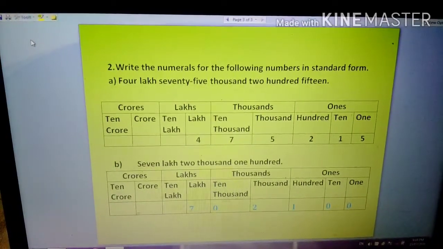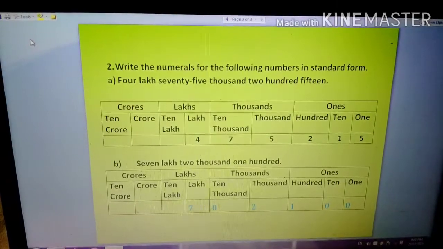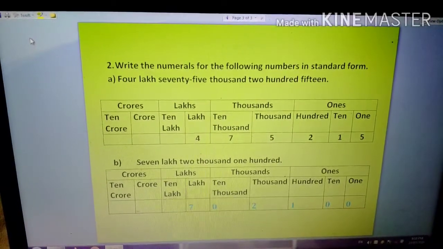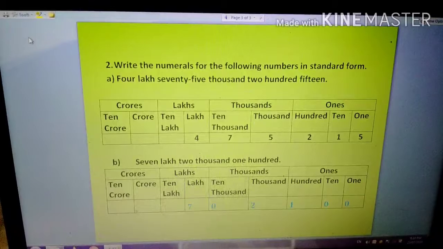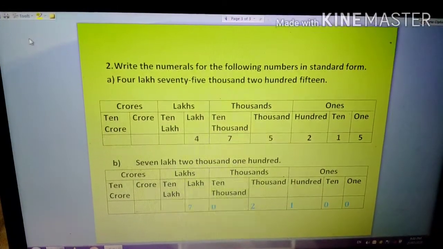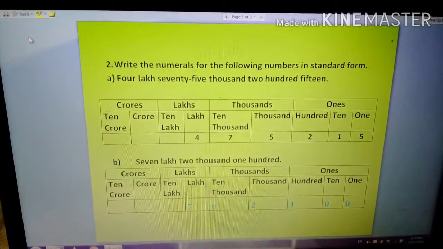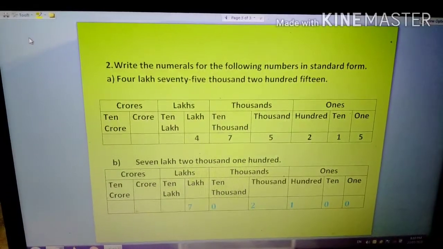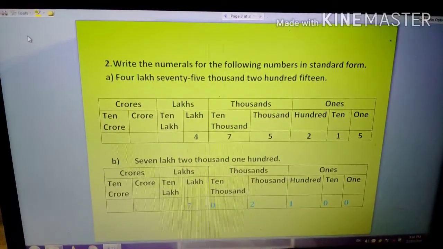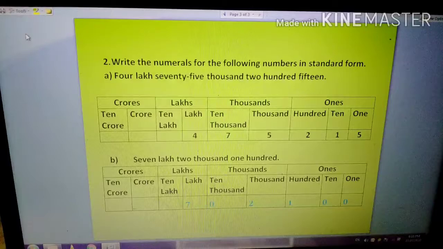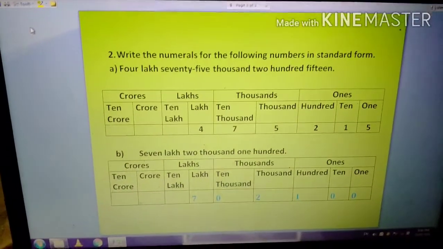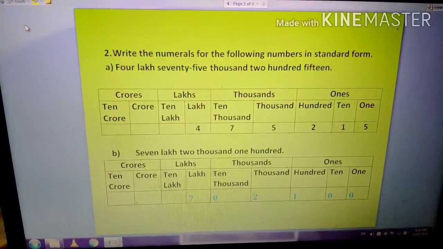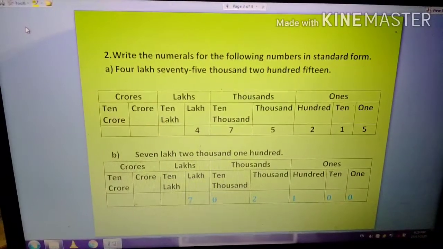Then we put 200, means 2 in 100 place, and 15 in 10 place and 1 place. Okay, means 1 in 10 place and 5 in 1 place. Okay, same way we see the next example B.